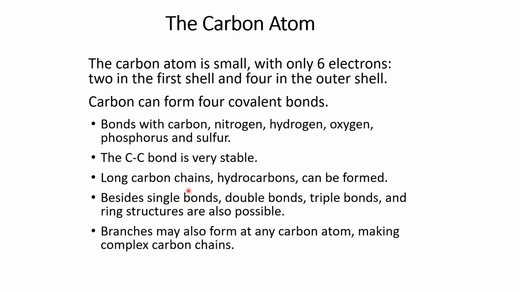And therefore we get long carbon chains or carbon rings that we can form. On this structure, the chains can be very linear or they can branch. And the structure can have any of those functional groups from 2 slides ago added to it.